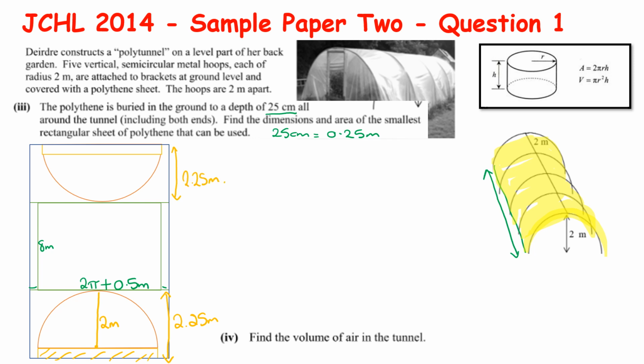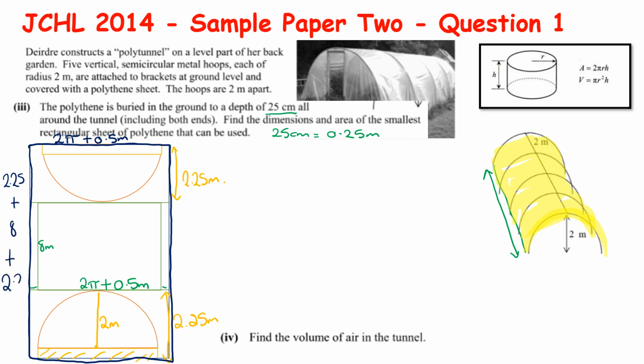So if you can see, I've drawn a larger box around the whole thing, and that represents the piece of plastic that we need. That piece of plastic is going to have a width that is 2 pi plus 0.5 meters. And then this length here is going to be 2.25 plus 8 here plus 2.25.